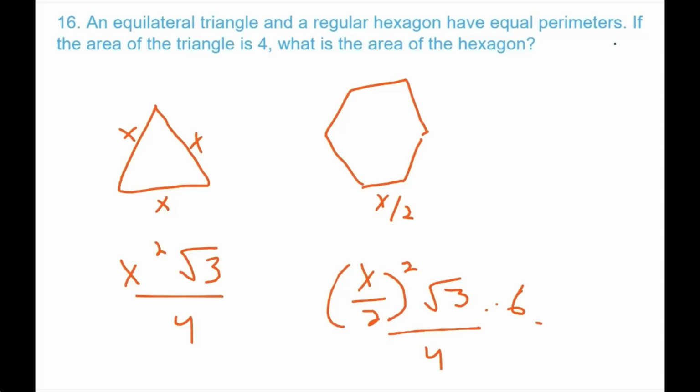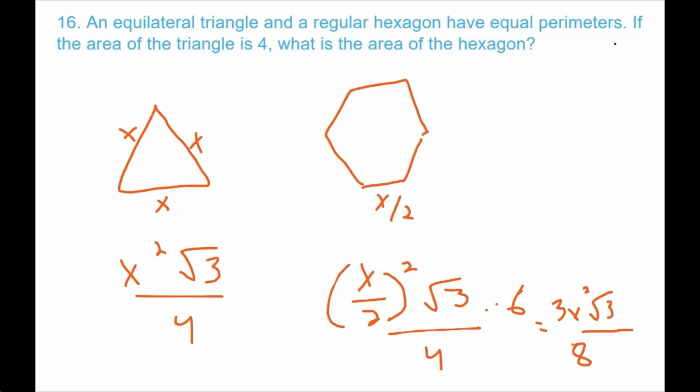So here, simplifying stuff, we get x squared root 3 over 16, so over 8. So we get something like this when we simplify this part.